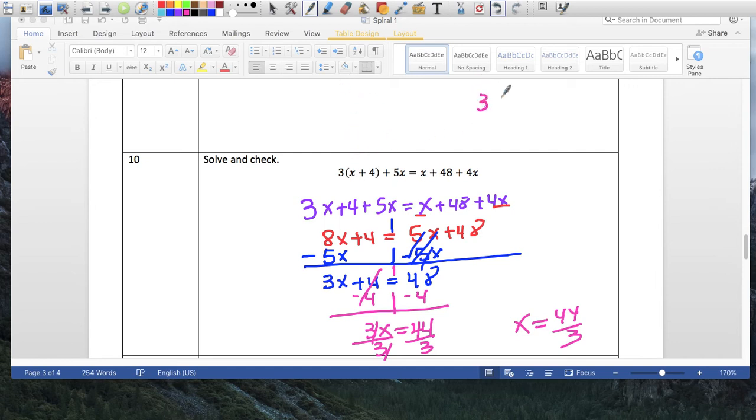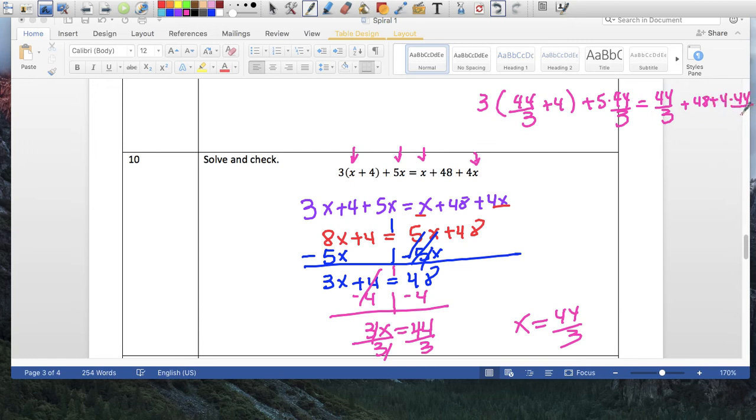And I'm going to replace this guy, this guy, this guy, and this guy with 44 over 3. So you get 3 times 44 over 3 plus 4 plus 5 times 44 over 3 equals 44 over 3 plus 48 plus 4 times 44 over 3.